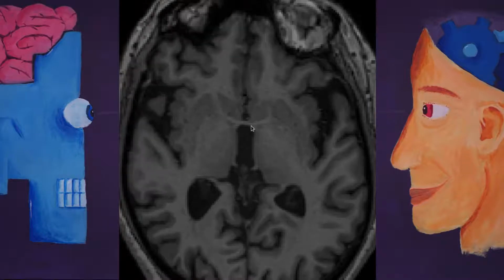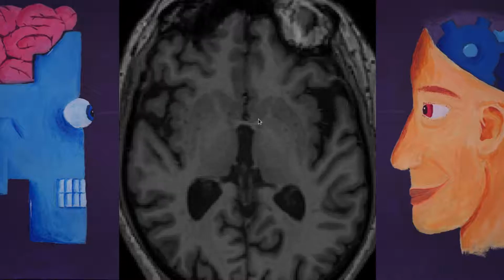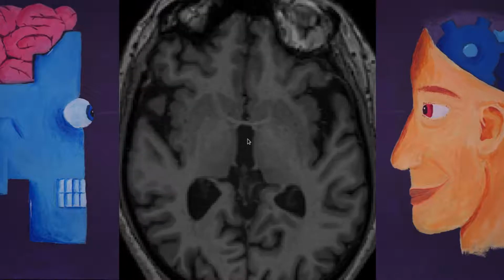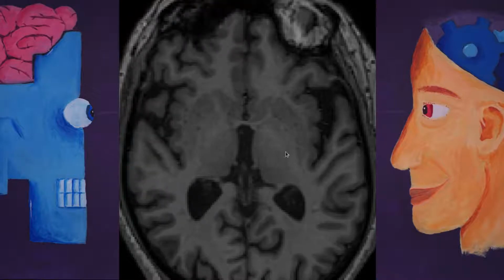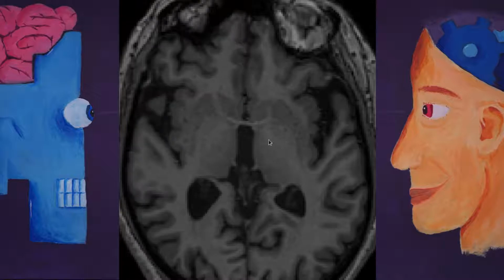But here I think the anterior commissure is a bit more clearly visible in this one, 97, than in this one. Ah, wait, it's inverted. So it's more clearly visible in 96 than in 95. So I would just do it in 96.